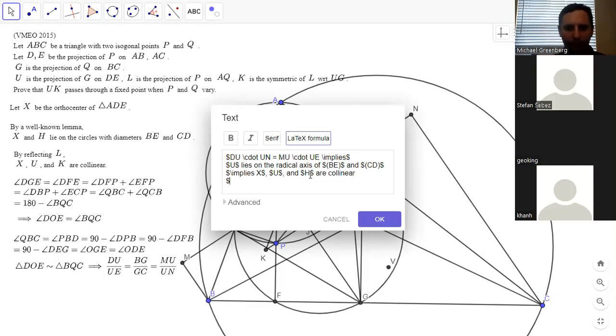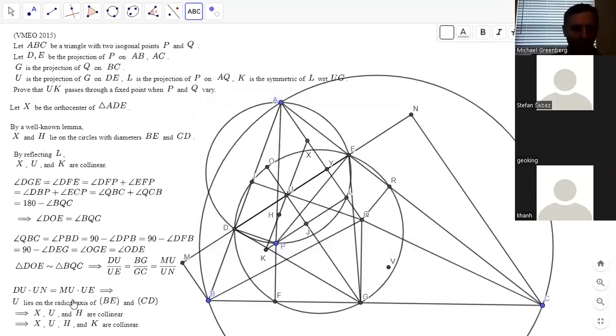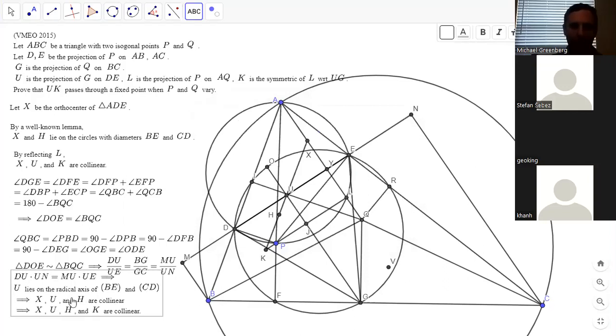Which means that X, U, H, and K are collinear. There we go. And so that means that UK passes through the orthocenter K of ABC.